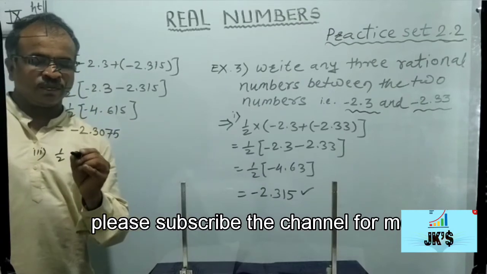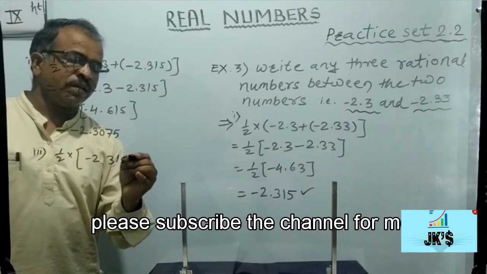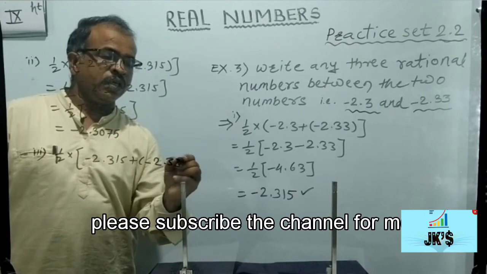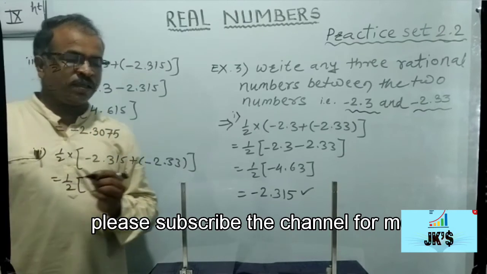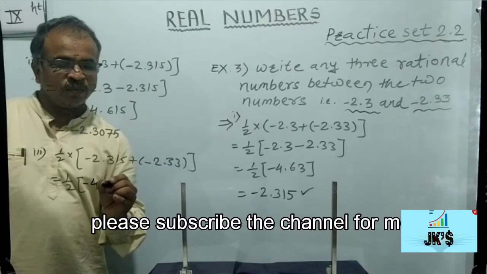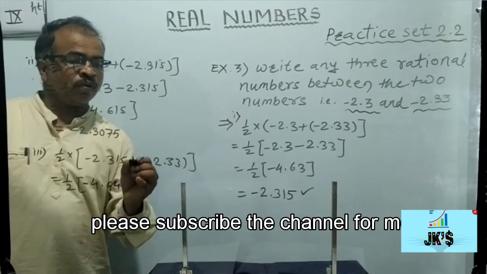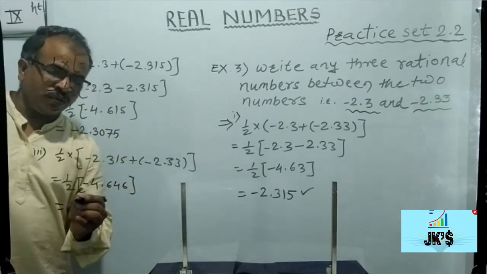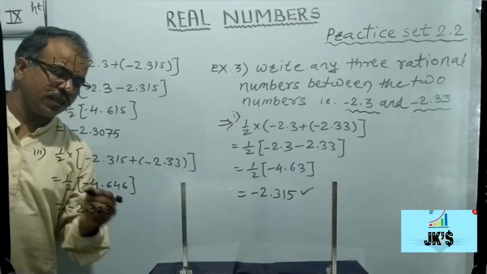1 by 2 into bracket minus 2.315 plus minus 2.33. So 1 by 2 into minus 4.645, divided by 2, minus 2.323.